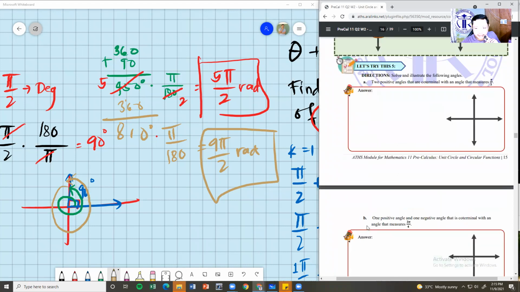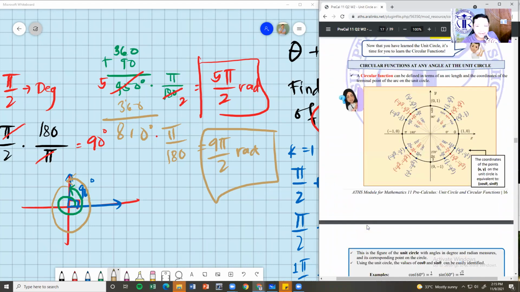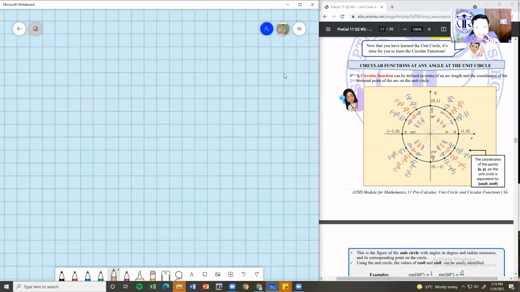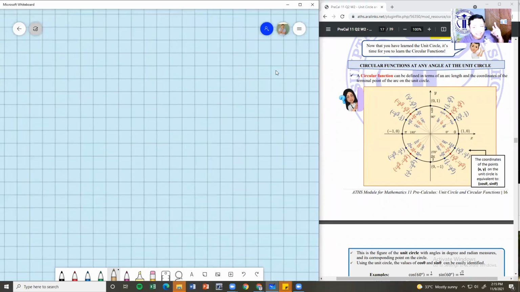Yun, that's it. Next, let's move on with the circular functions of the unit circle. Ready? Madali lang to. This is very easy. Dito napapasok yung ating pinag-aralan kanina. If you remember the video, yung 5 kamay. Ayan yung 5 kamay na yon. Okay.